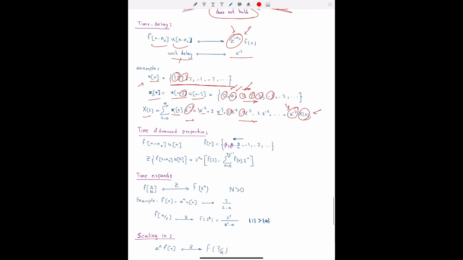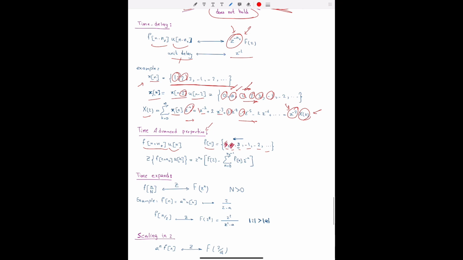Now, how does the time advance property work? If we have f of n plus n naught, u of n, and we don't want any values for the negative side. If f of n is 1, 2, 3, minus 1, minus 2, and so on, and we're advancing by 2, then we are omitting the first two values.